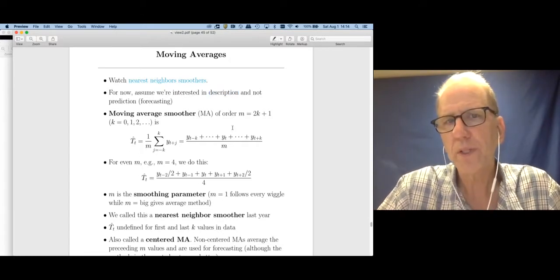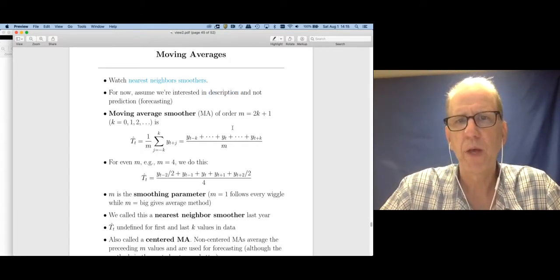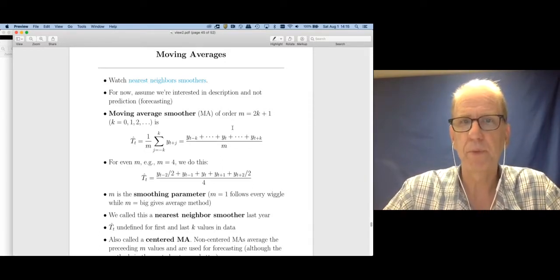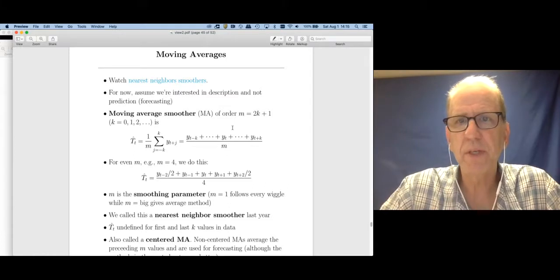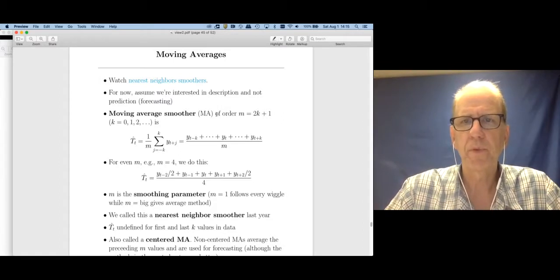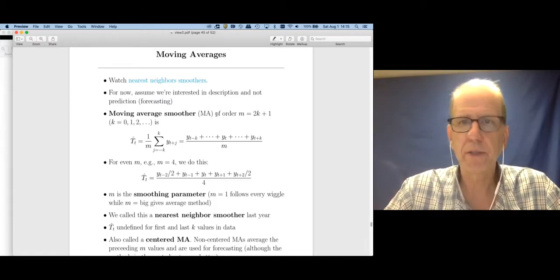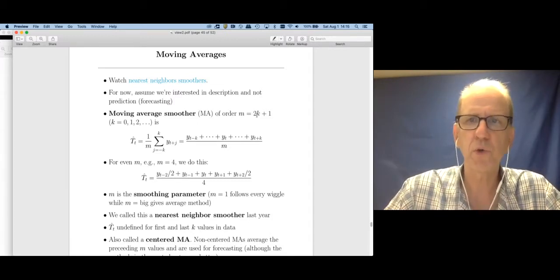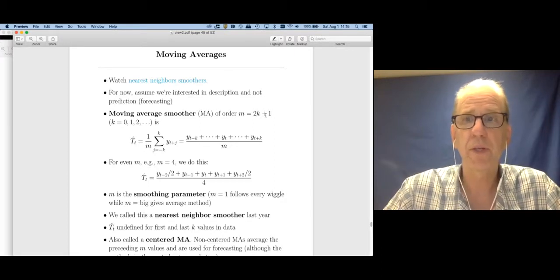Okay, what is a moving average smoother? Well, a moving average smoother has a hyperparameter which describes the number of nearest neighbors that I'm going to be averaging. The way we're going to define that in this class is order m, where m is going to be 2 times some counting number k plus 1.